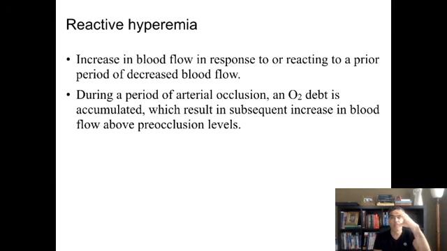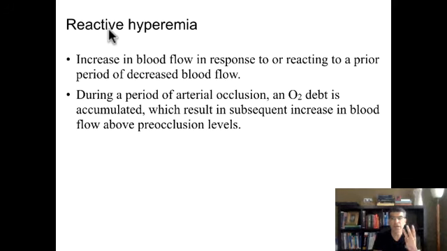That means their blood vessels are going to open up even bigger than in the normal situation to bring more blood to that organ because that organ was receiving less blood. As a result, it accumulated some oxygen debt. And now I have to bring more blood to that organ to take care of that oxygen debt. Those organs are going to show hyperemia, but it is a reactive hyperemia. Reaction toward what? Reaction toward oxygen debt.